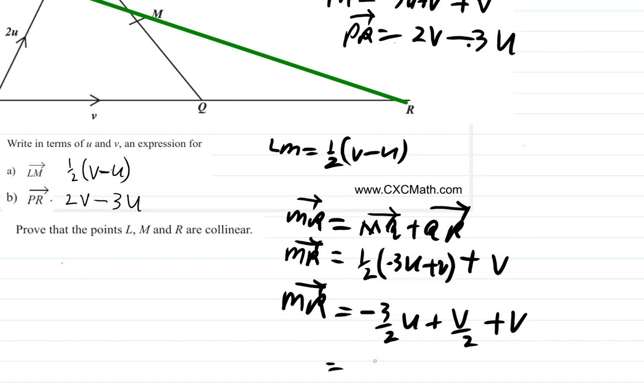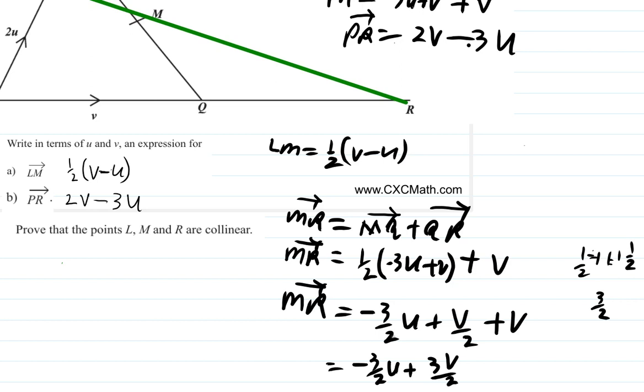So, this is negative 3 halves U, this is half V plus 1V. Half plus 1 is 1.5, that is 3 over 2. So it's 3V over 2.